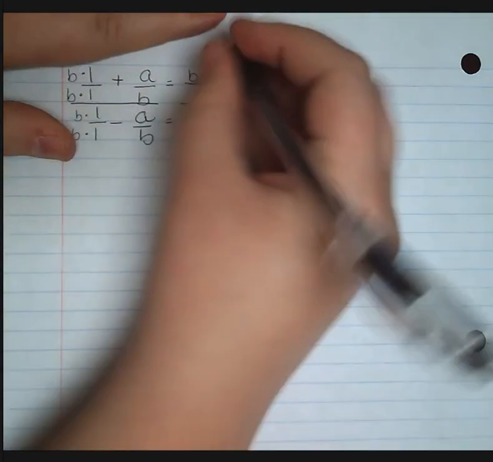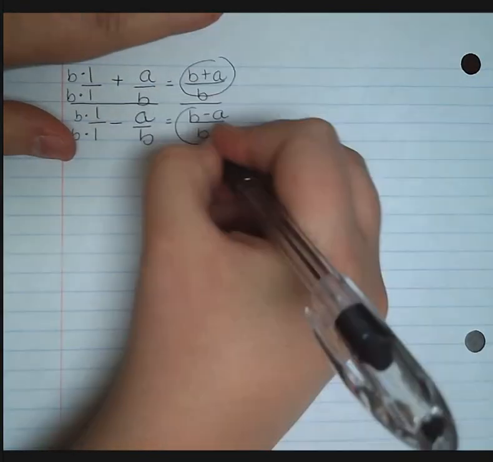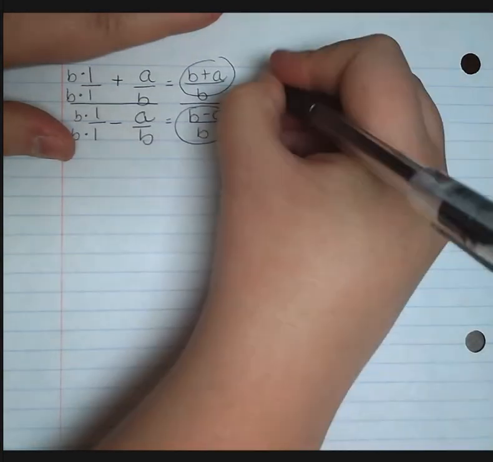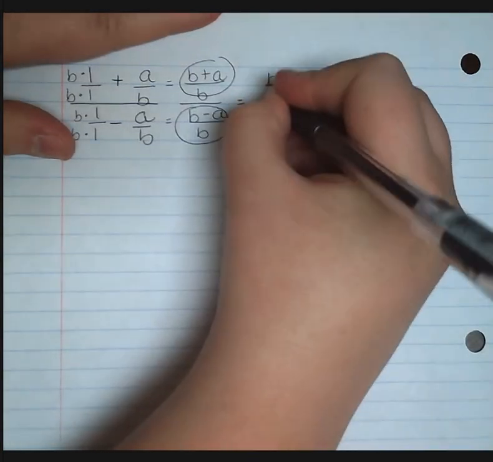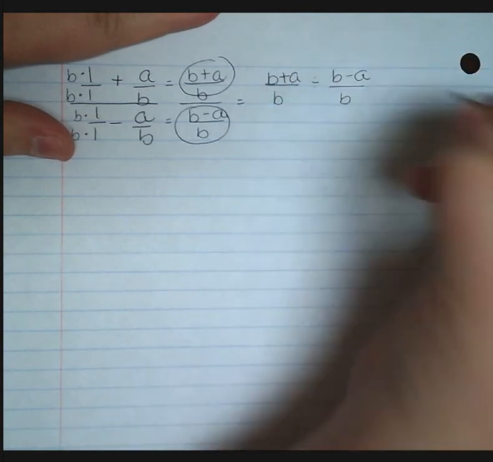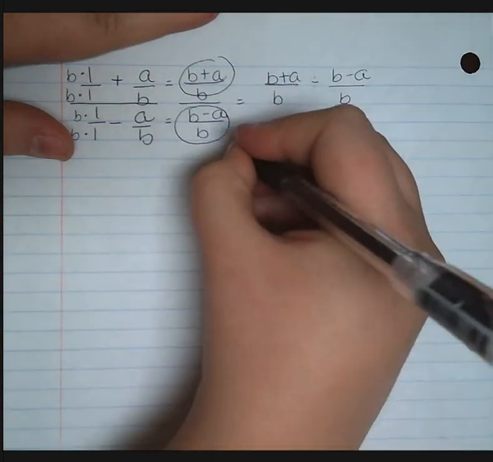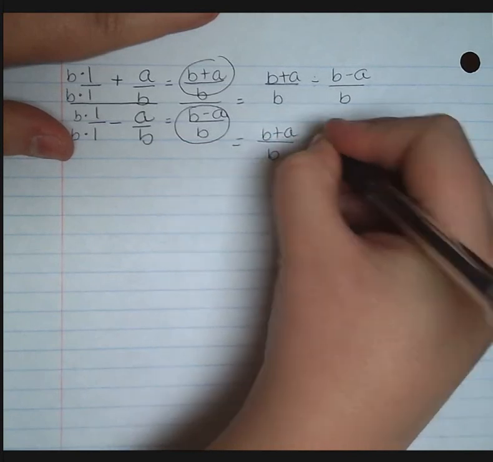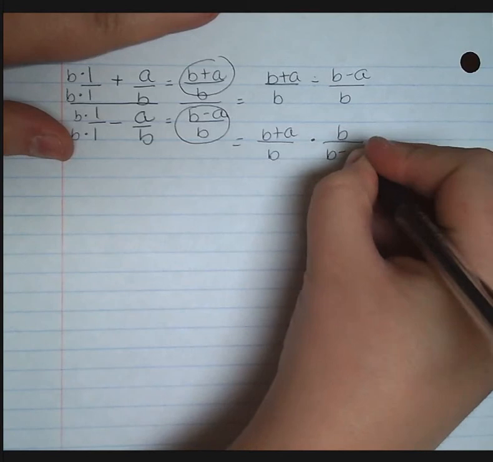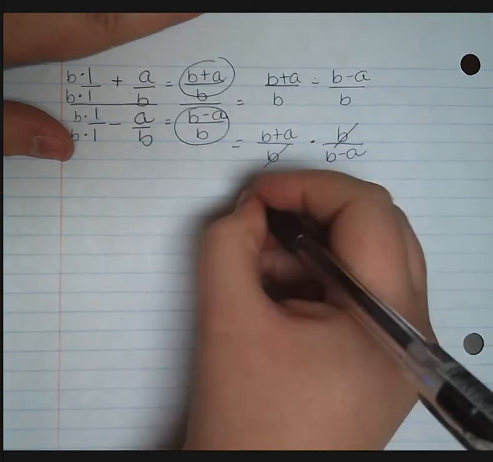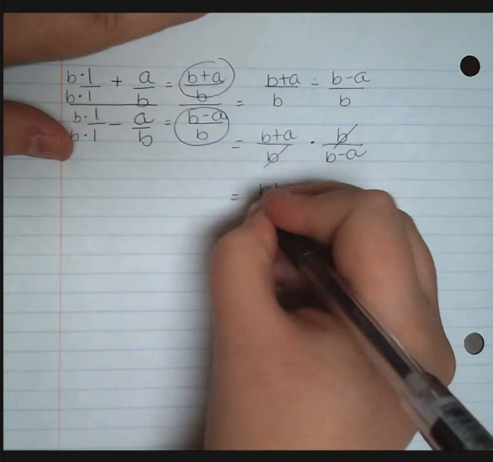So now you circle your top fraction and your bottom fraction. You write them horizontally. And then you keep change flip. So these b's are going to cancel, and you're left with b plus a over b minus a.